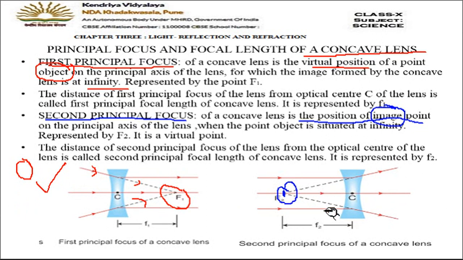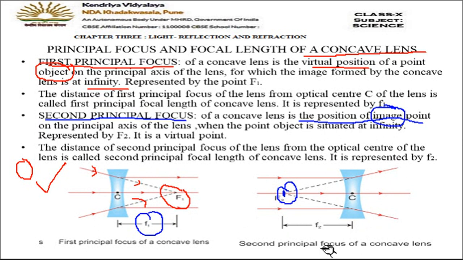So a lens always has two centers of curvature and two focus points. The distance between the center of the lens and the focus point is called the focal length, which is represented by f. On one side it is f1, and on the other side this distance is called f2.